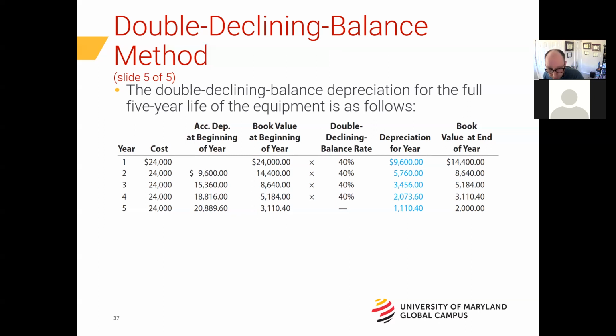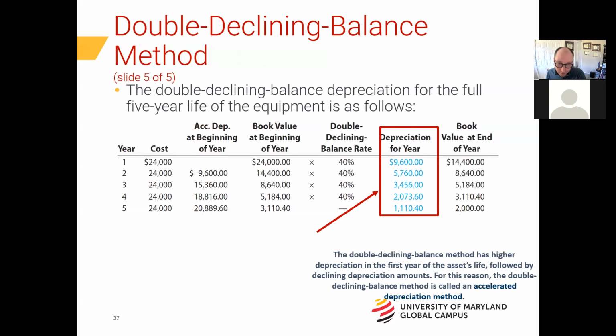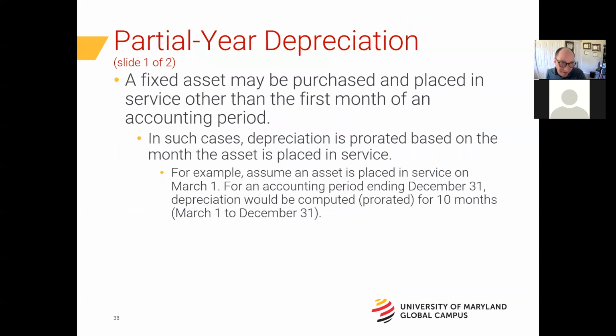Now remember, the 2,000 comes from the residual value, right? See how that works? It's fun. I forgot I put this stuff in the slide. But yeah, that's the idea.